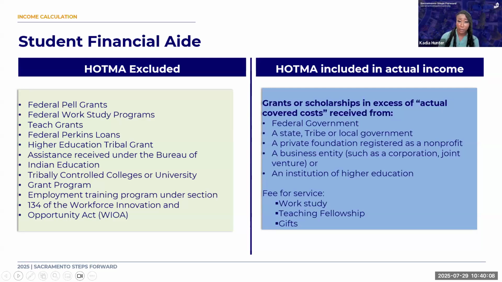For example, a Pell Grant for tuition is fully excluded, but extra from a business grant beyond cost counts. It's targeted to support education. How will this affect your verification process? This wraps our exclusions. Let's tie it all back into income calculation with some examples. Next slide.